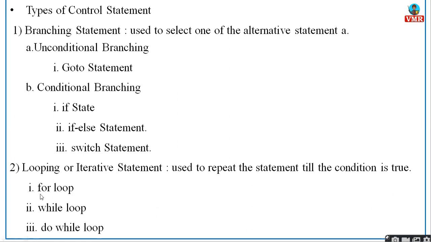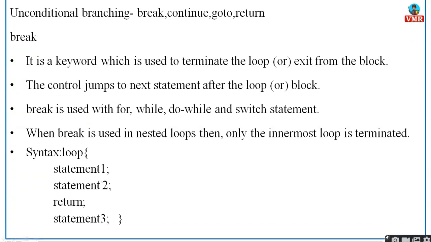In this, you have three types: for loop, while loop, and do while loop. First, unconditional branching: you can have break, continue, goto, and return. All these are unconditional because nowhere will you provide conditions for these statements to move either forward or backward in your program.